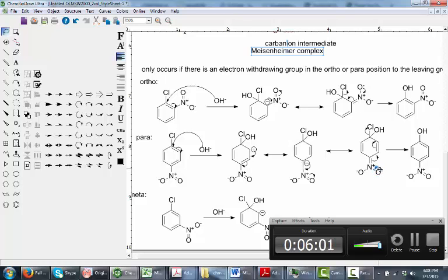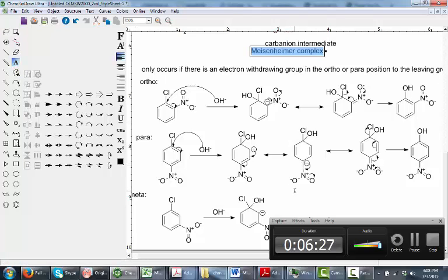That's where the negative charge ends up. So this anionic intermediate has three stable resonance forms, including the ability to delocalize the negative charge onto the nitro group directly. Then in the final step, I push the electrons back down, kick off the chloride, and generate the desired final product.